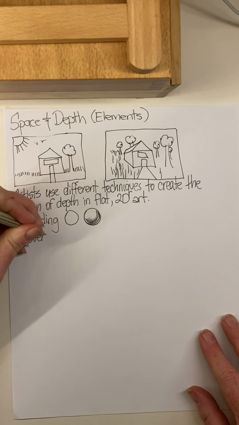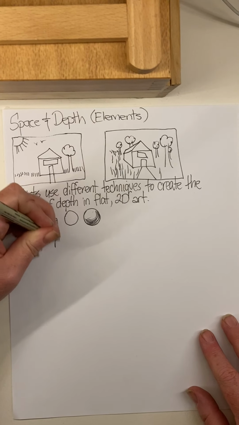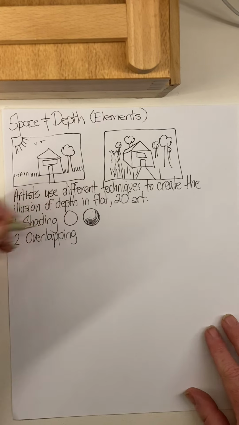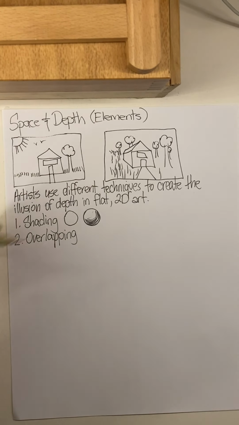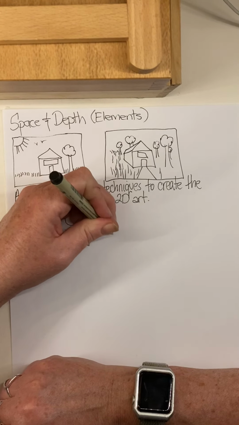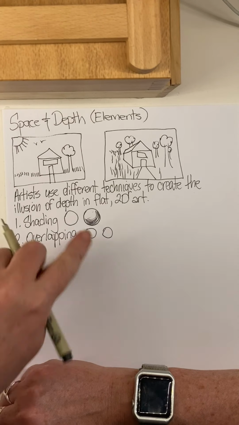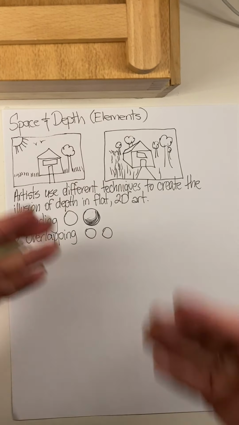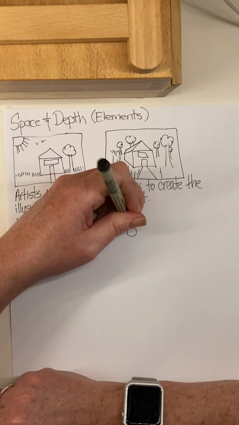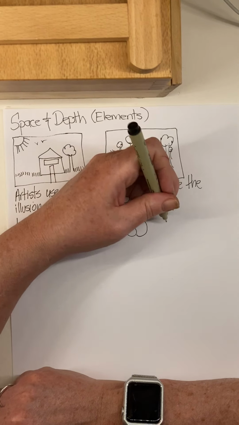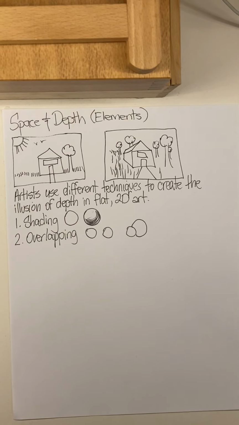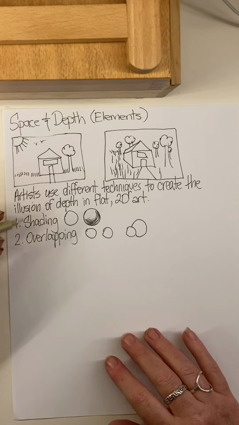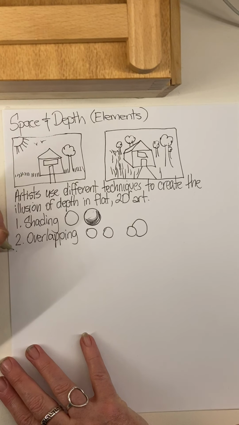So one of the things to think about when you want to show things closer and farther is to overlap them. So when you go like this, you never have any idea, is this one bigger, smaller, or are they beside each other? But the minute I go like that, right, you can start to see the relationship that this is behind that.